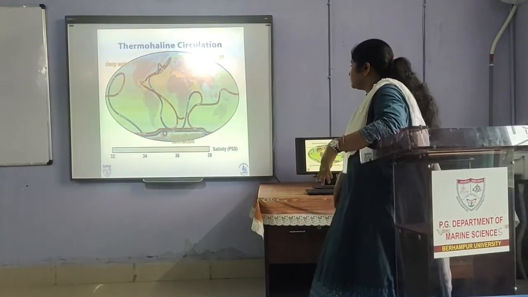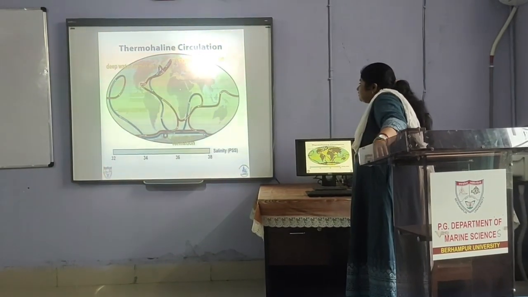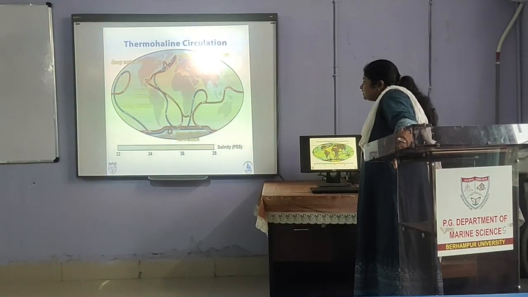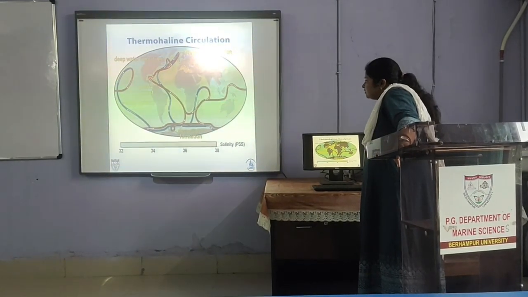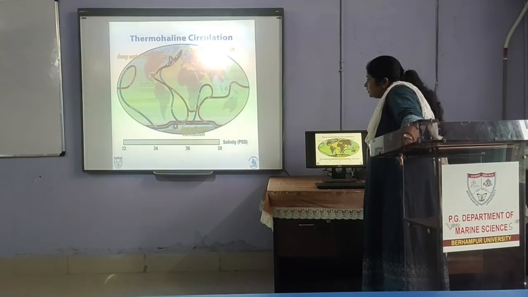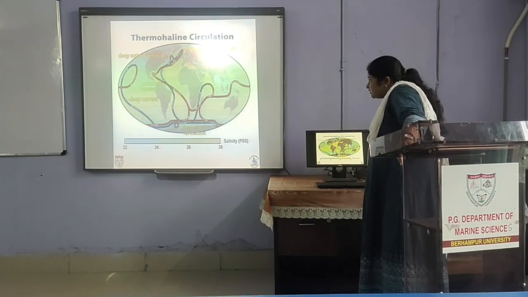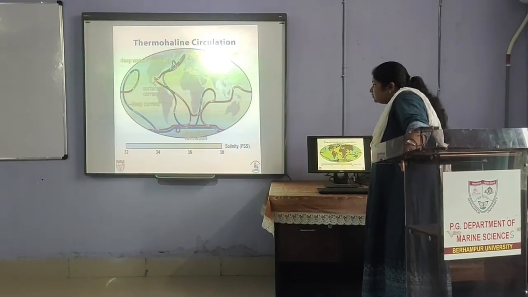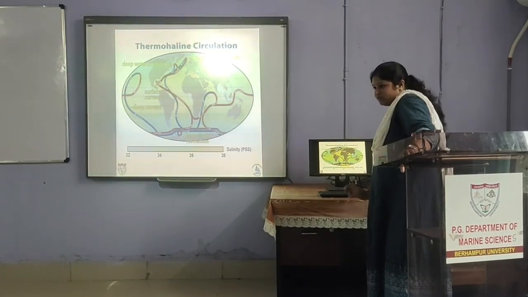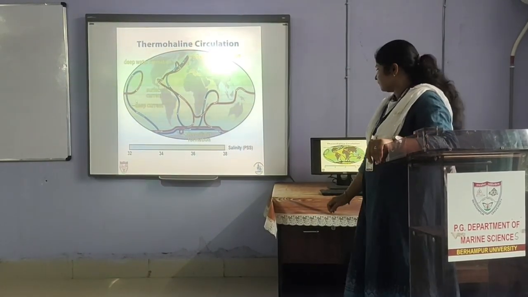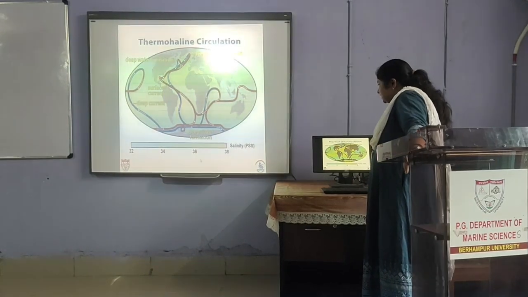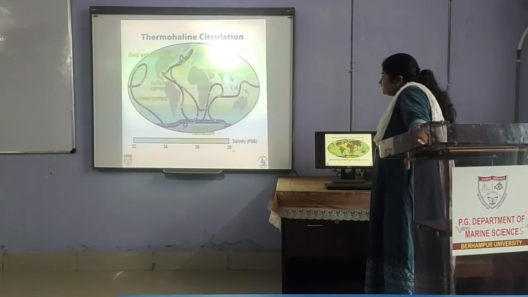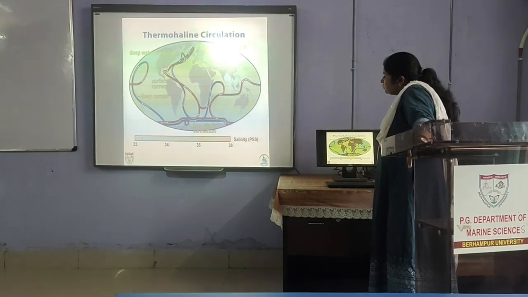So these are all the regions where deeper water forms, then goes down. Here the surface water comes, cools down, then deeper water forms. This is the salinity figure, 32 to 38.